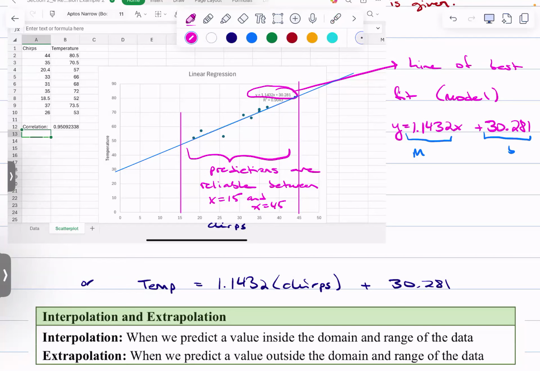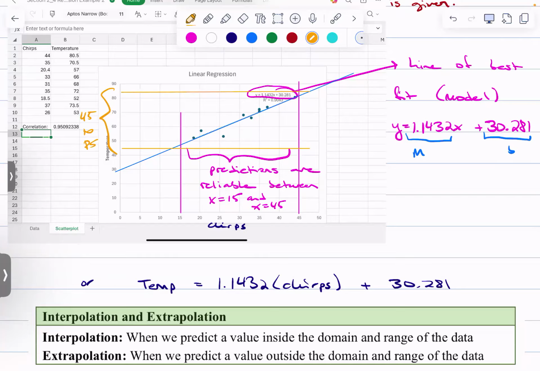And then the same thing goes on the y-axis. So here my y's go somewhere between, let's say, 45 to 85-ish.